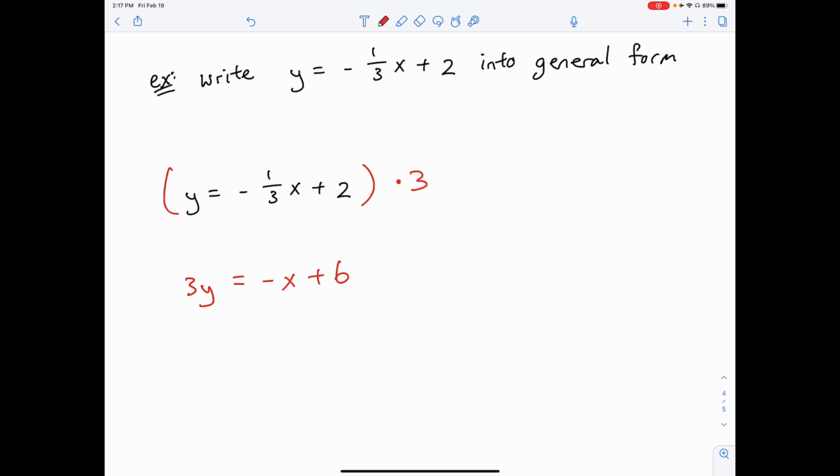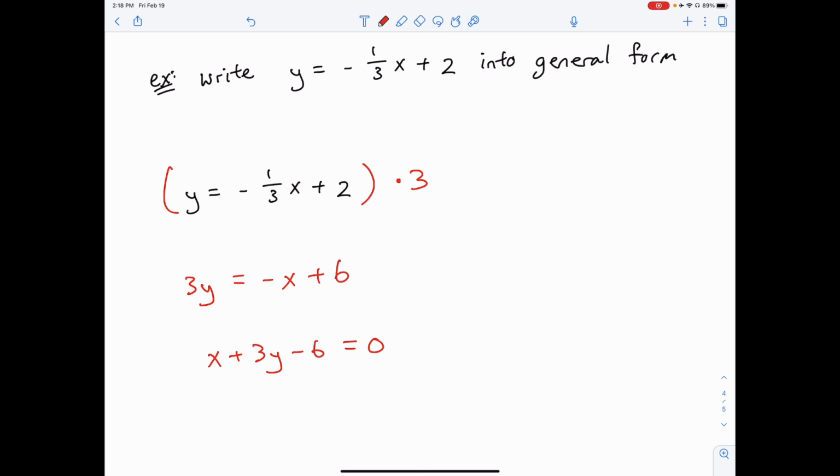When I move everything over, their signs will switch. So we end up getting positive x plus 3y, because 3y didn't move and it was always positive. When the 6 comes over, we get -6 equals 0. Now we have all the conditions satisfied. a here is 1, b and c are integers, and it's all equal to 0, so this is now in general or standard form.